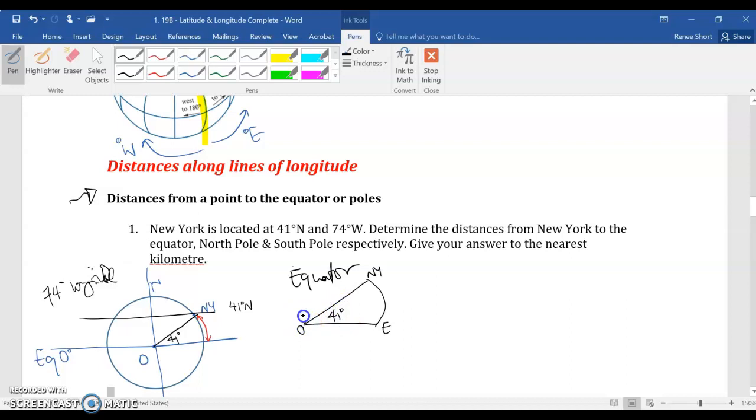Both of these lines of this wedge are equal to 6,400 kilometres, because remember they are the radii of the earth.